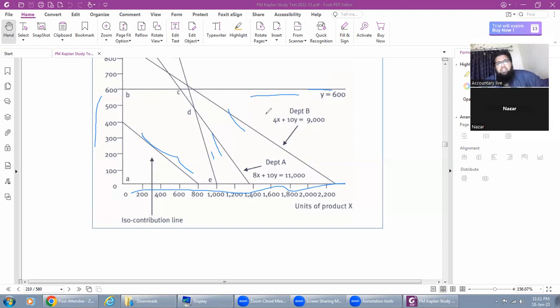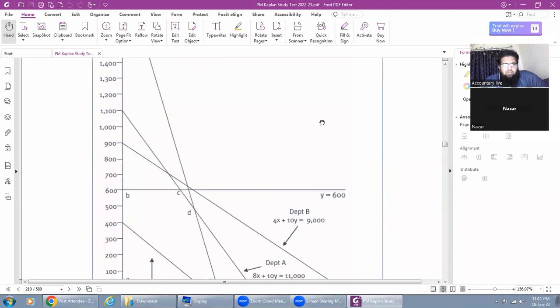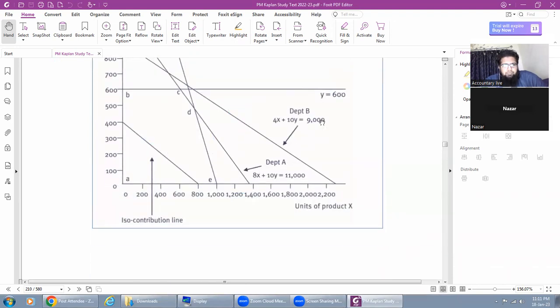Then now we have this graph. Clear all the drawings. Now we have to identify the feasible region. We have drawn all the lines.